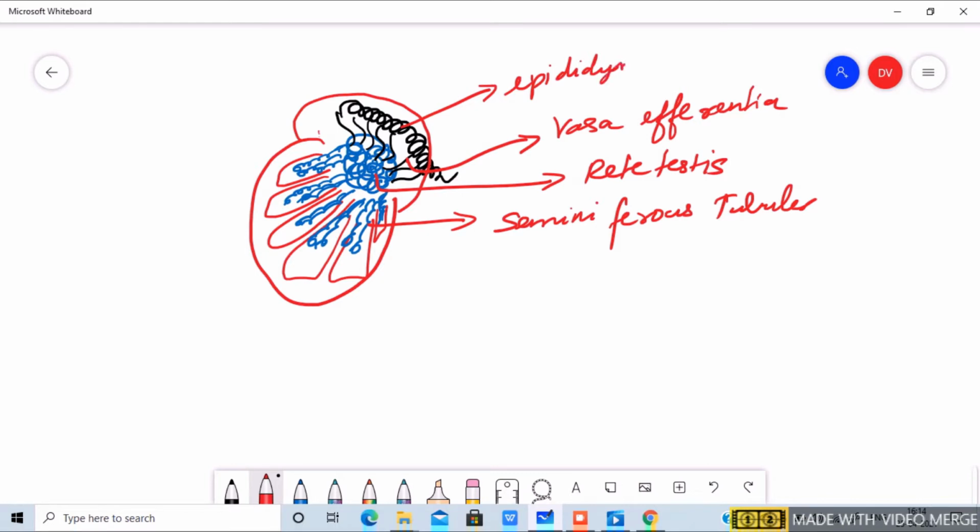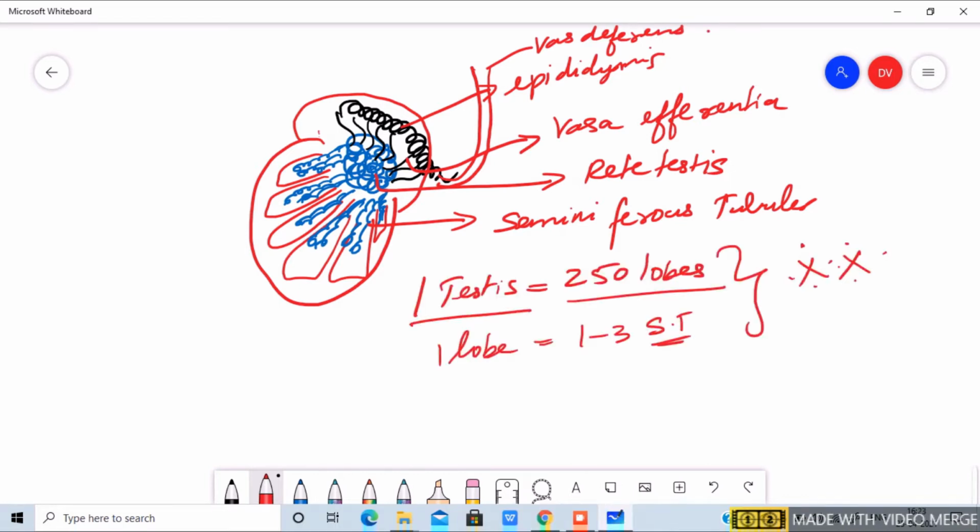This coiled tube is then connected to the vas deferens, which is also known as the ductus deferens. Hope this diagram is clear. Know that one testis has 250 lobes and each lobe has 1 to 3 seminiferous tubules. Very, very, very important question.